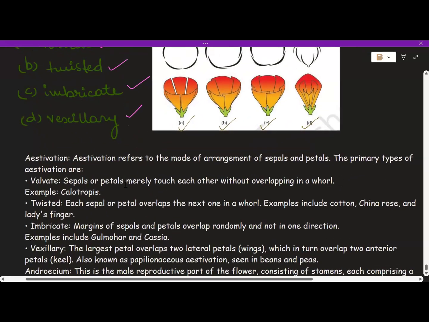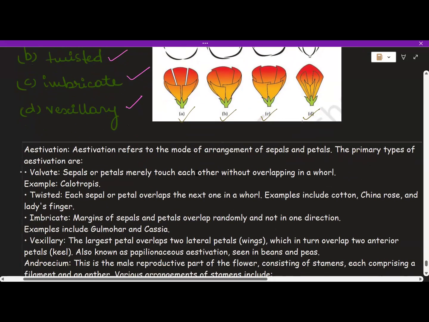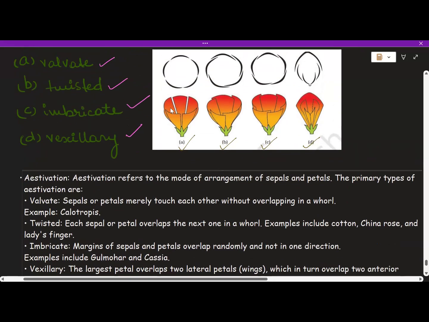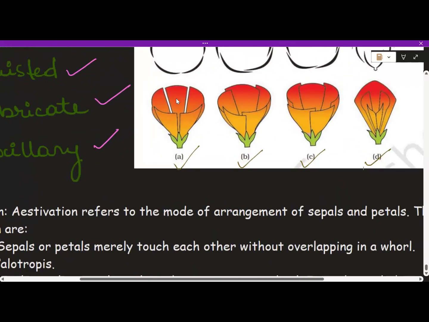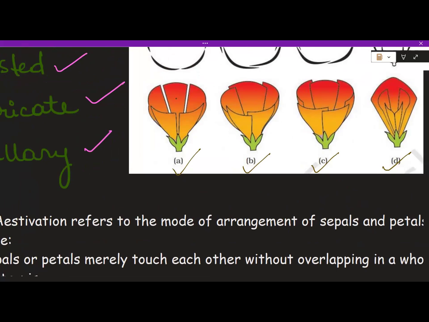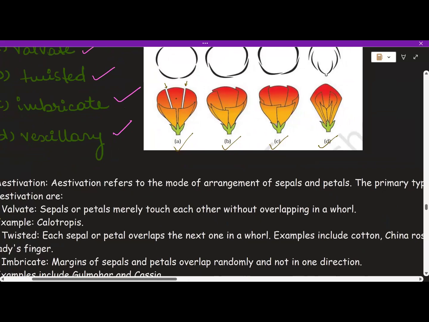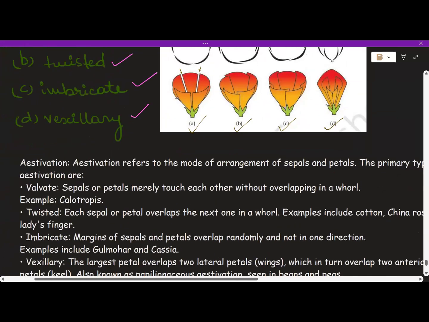So when we talk about the valvate kind, the first one, you see how none of the petals are touching each other. Is there any point of contact between the petals? Yes or no? There's no contact, right? The petals are separately present.